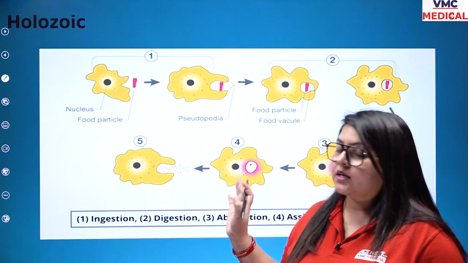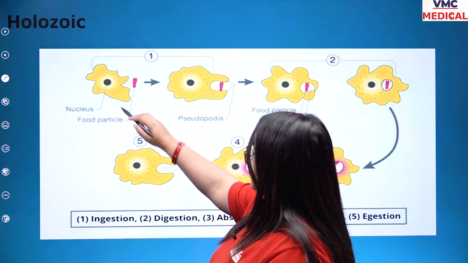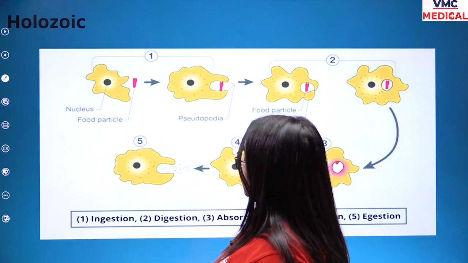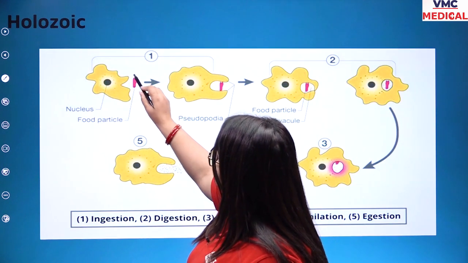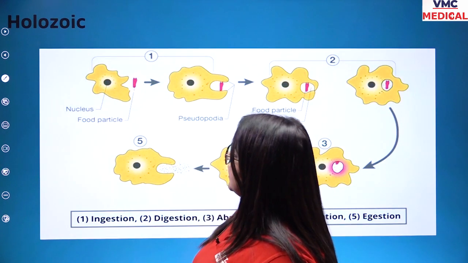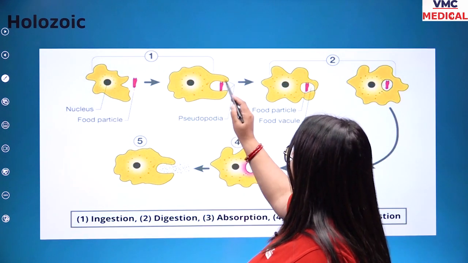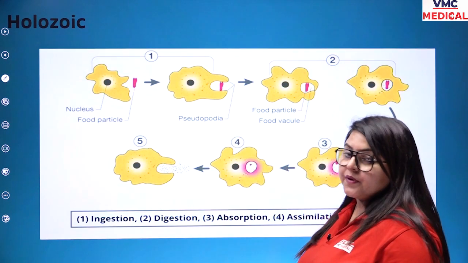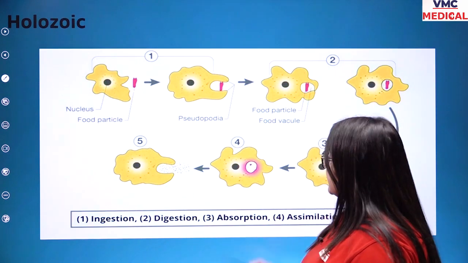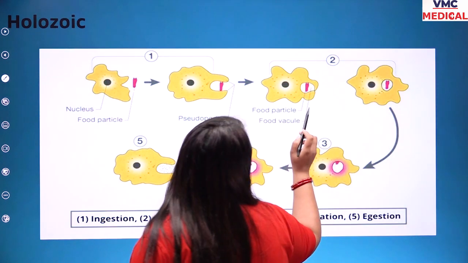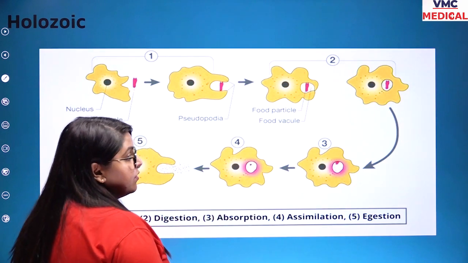It happens in Amoeba also. Yes. So you can see this amoeba. This is a food particle here. Okay. What it is doing actually is capturing this by pseudopodia, the false legs. Then further, this makes a food vacuole.